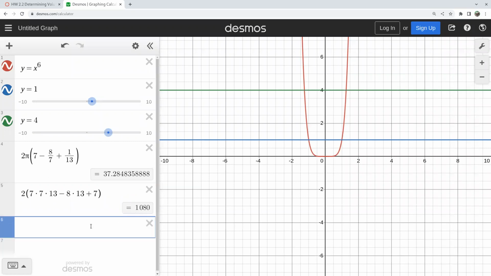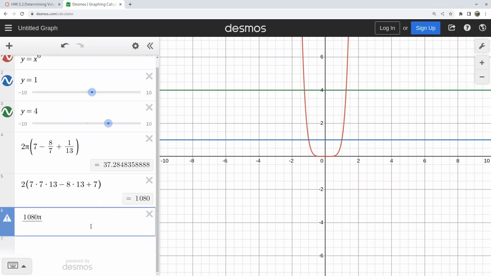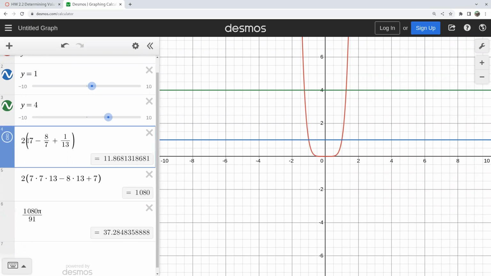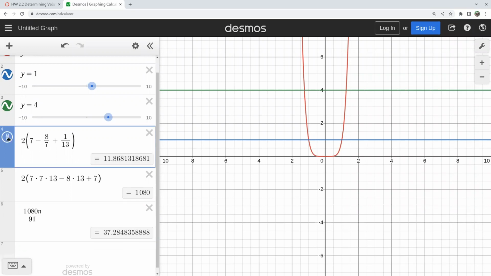So I think another way to write the answer then would be 1080 pi divided by 7 times 13, which on a good day is 91. Got the same answer. All right. So I just wanted the fraction form on that. Instead of finding a common denominator for fun, if you have an arithmetic statement, most calculators will find a common denominator for you. All right. Playing with fractions is always good practice.